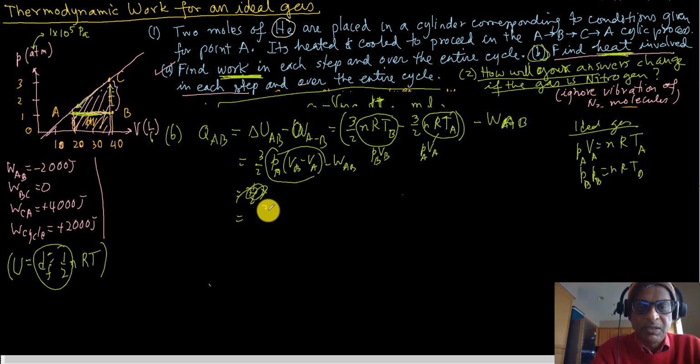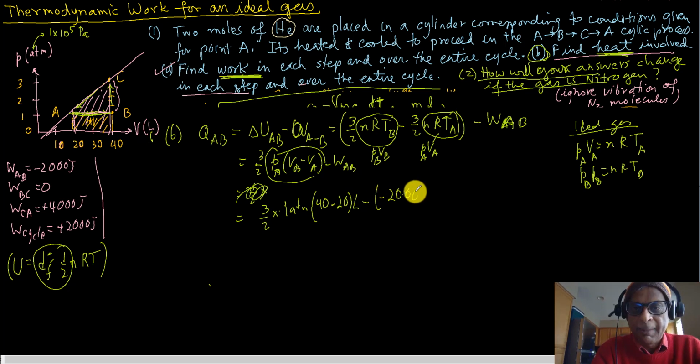Let's work it out. PA is 1 atmosphere, and this is 40 minus 20 liters, and WAB is minus 2000. So this is 3 over 2 times 2000 plus 2000.